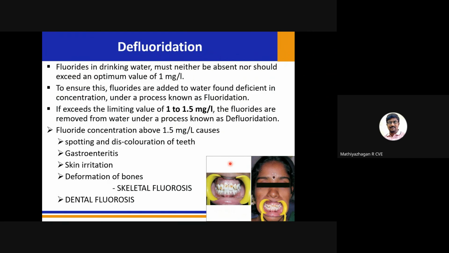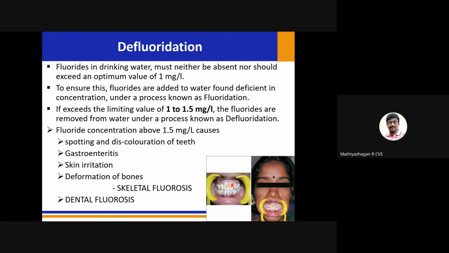So our potable or drinking water should contain fluoride, but it should be within 1 to 1.5. If the concentration is less than 1 or higher than 1.5, it creates a lot of problems, like spotting or discoloration of our teeth, then gastroenteritis, skin irritation, or skeletal fluorosis or dental fluorosis.